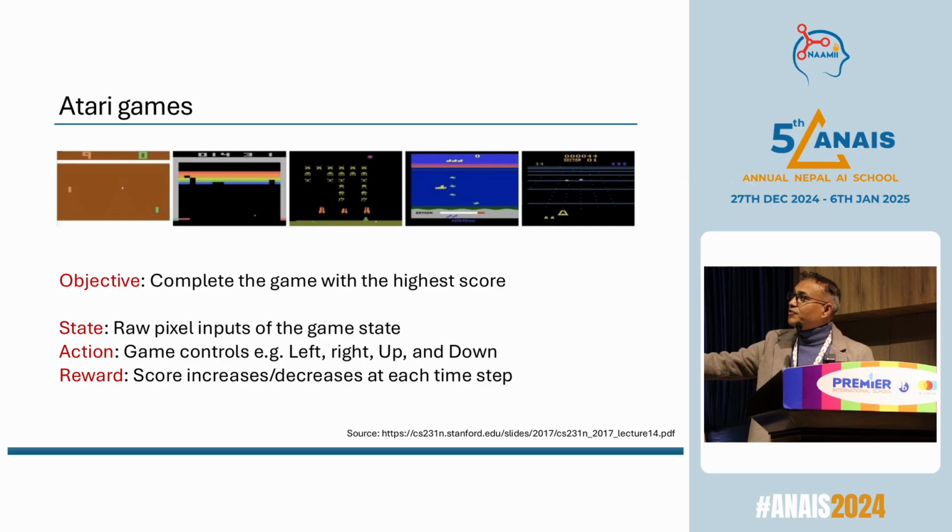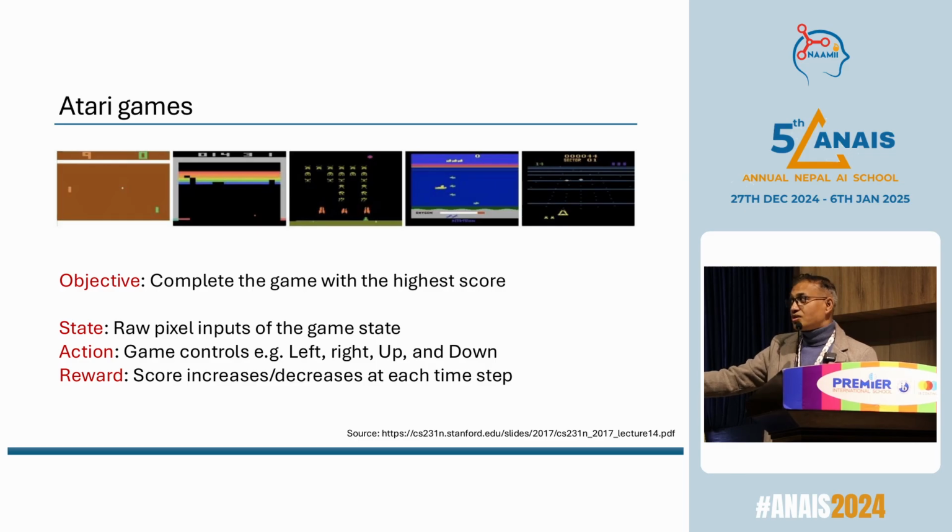For example, in this example, this picture itself is a state. With this picture, the agent knows where the ball is, and it knows so many other things from this picture itself. The agent knows everything about this state. So that is the state.